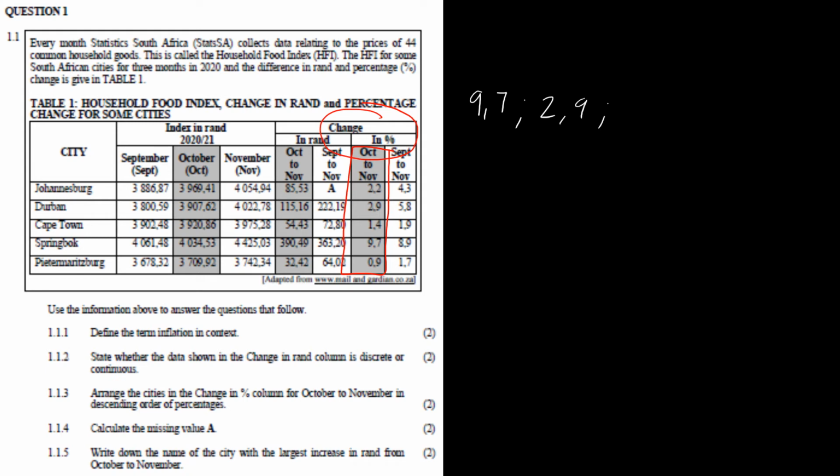Then we have 2,2. Then we have 1,4. And lastly we have 0,9. Now remember, these are percentages, so please make sure you indicate percentages in your answers, as given in the question.